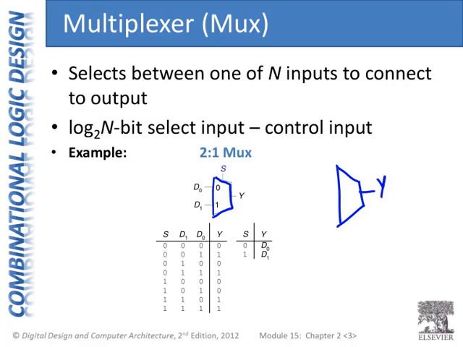It's always going to one output. In this case, we have 2 inputs, and there's this other input called a select input. This is a control input, and that select input is going to control how the other inputs get fed to the output.